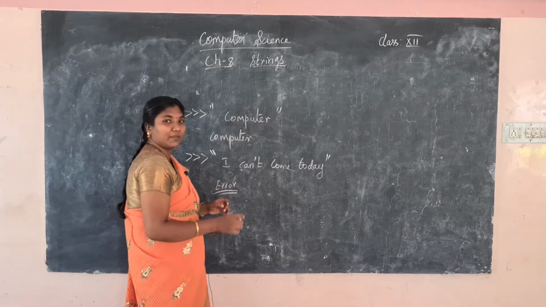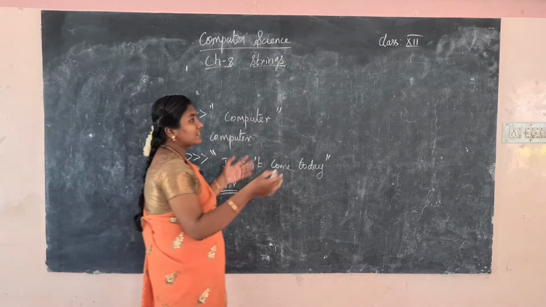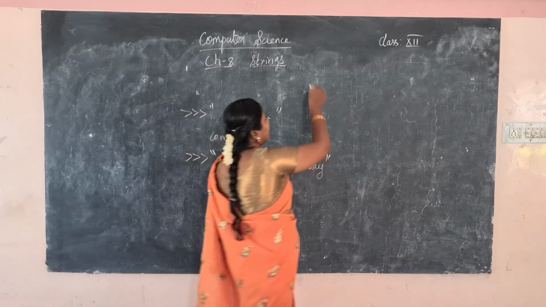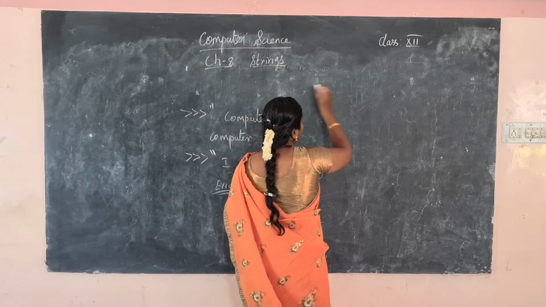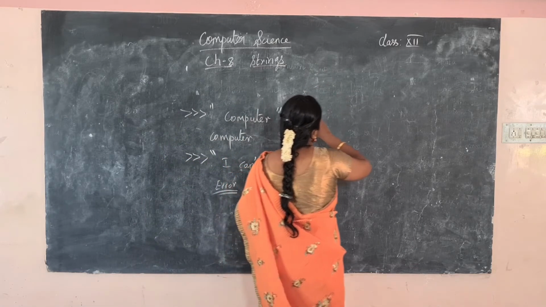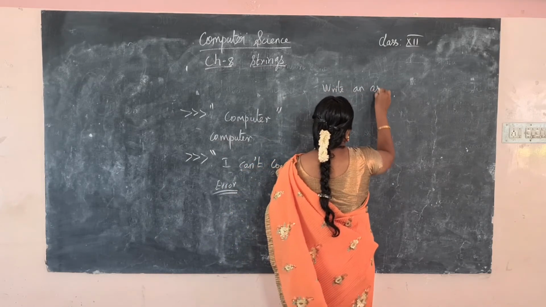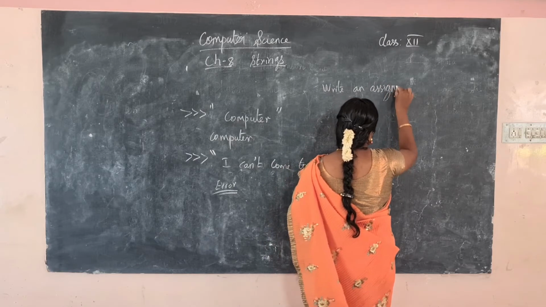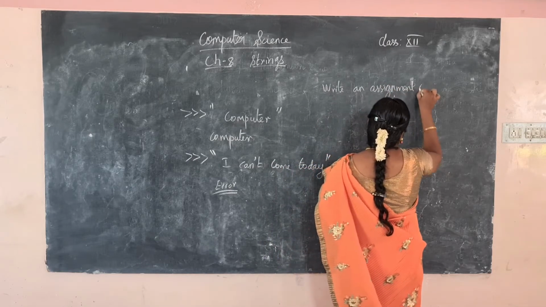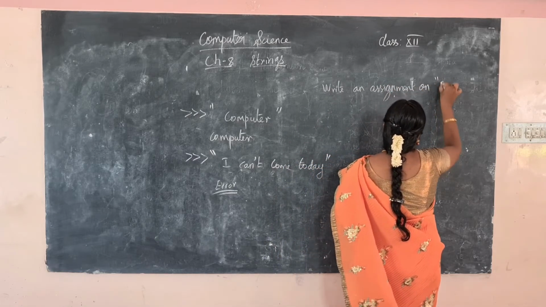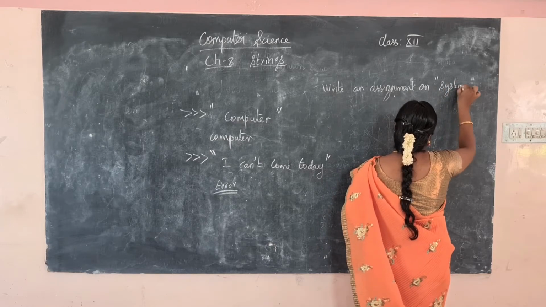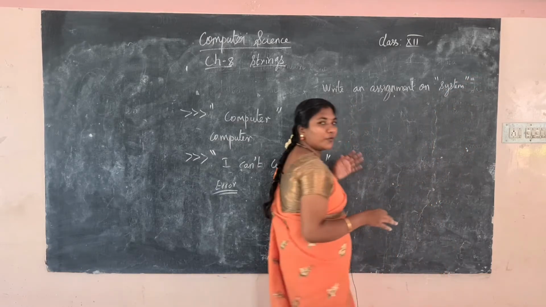At the same time, if I want to have double quotes in the output, suppose: write an assignment on system. I want my output like this.